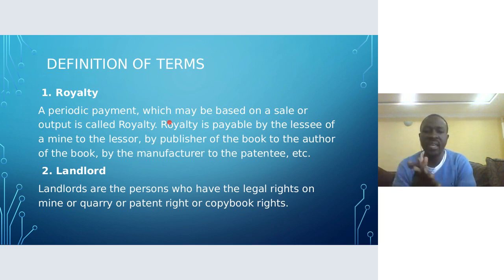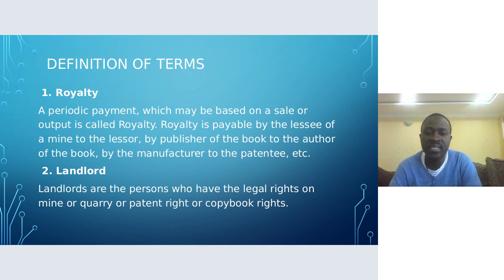Now, the other term is the landlord. The landlords are the people who have the legal rights on a mine, quarry, or patent right, or copyright. We'll explain those terms when we are looking at the types of royalties.